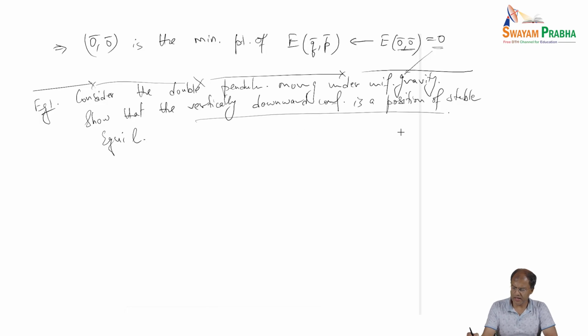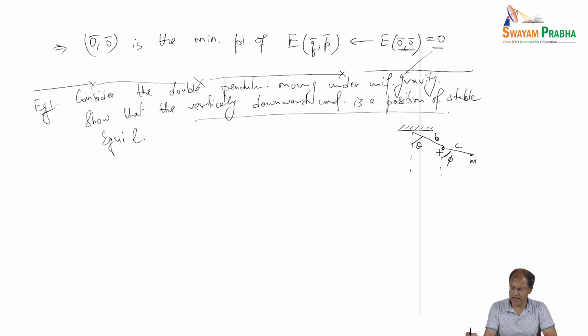This is something we have seen in one of our previous modules. The double pendulum is as follows. We have this mass m, this is phi, and this is theta, and the lengths between the masses are fixed.